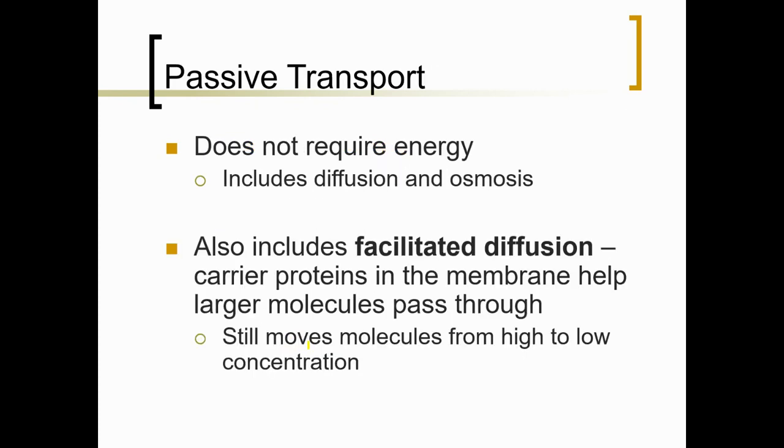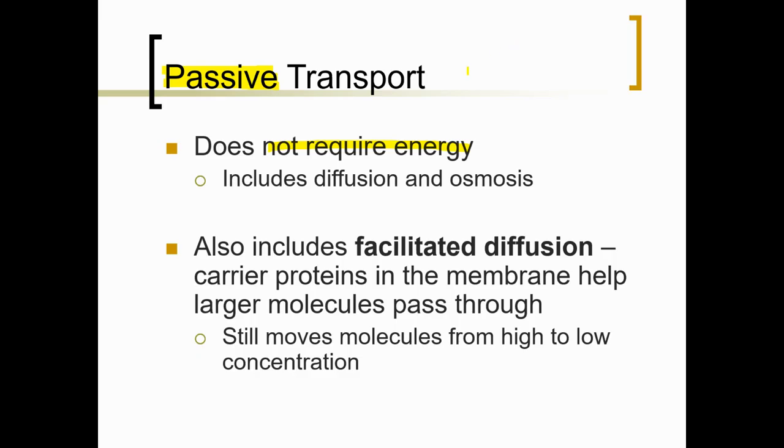Now, everything we've covered so far, diffusion and osmosis, both of those transports are what we call passive. So we have two main types of transport. We have passive and active, and we're only going to cover passive today. We'll save active for the next lesson. But passive is anytime something is moving high to low, and so this does not require energy.